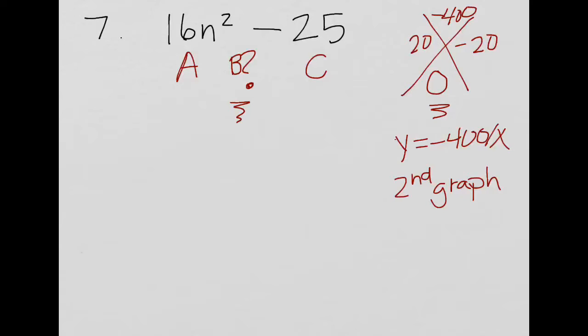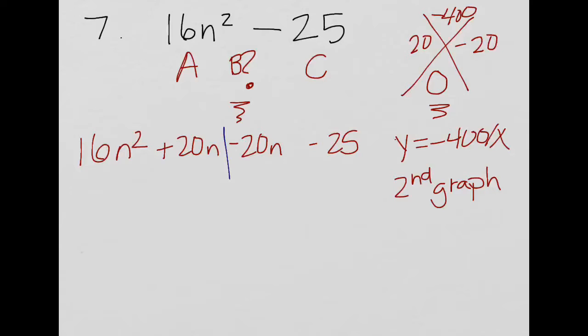Now A is not 1, so sad, but it's true. So we have to come back and we're going to do 16n squared, negative 25. But instead of having nothing in the middle, we're now going to have a 20n and a negative 20n. So now it's 4 terms, so I can factor it. And so the GCF of the left side is 4n.